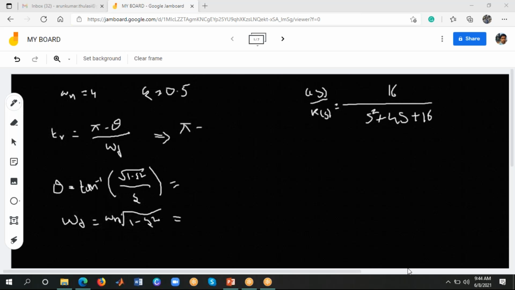So we'll get 60, right? So approximately it is 60 degrees. So pi minus 60. Then find the omega d value.